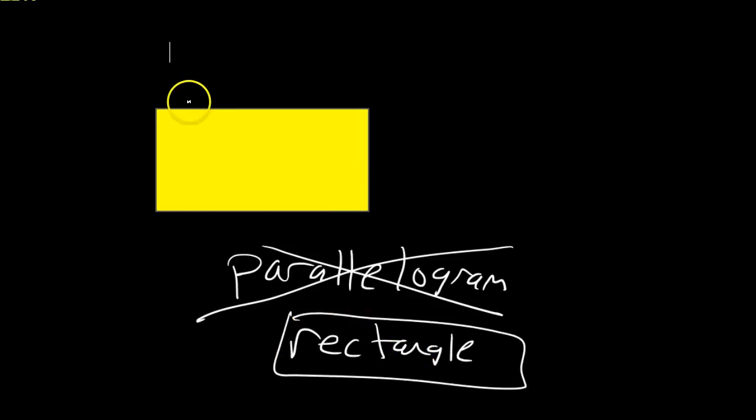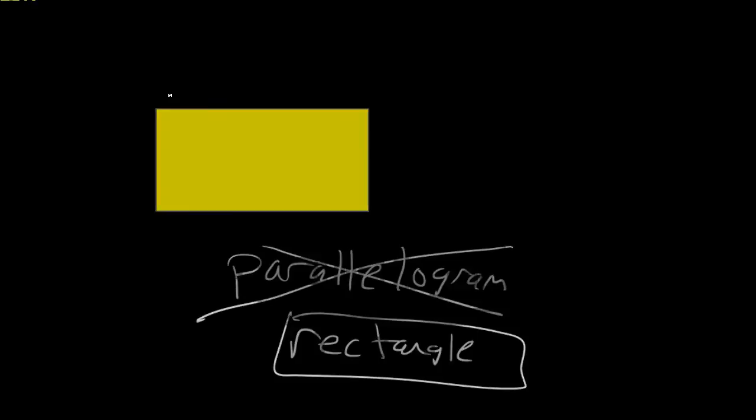All right, here's another example. I'm going to give you a shape and you have to tell me a name for it. A square? Right, okay. It's also a rectangle. It's also a parallelogram.